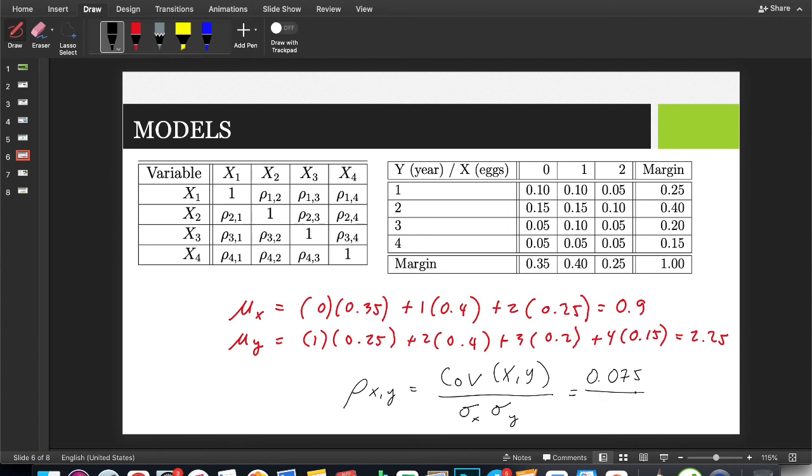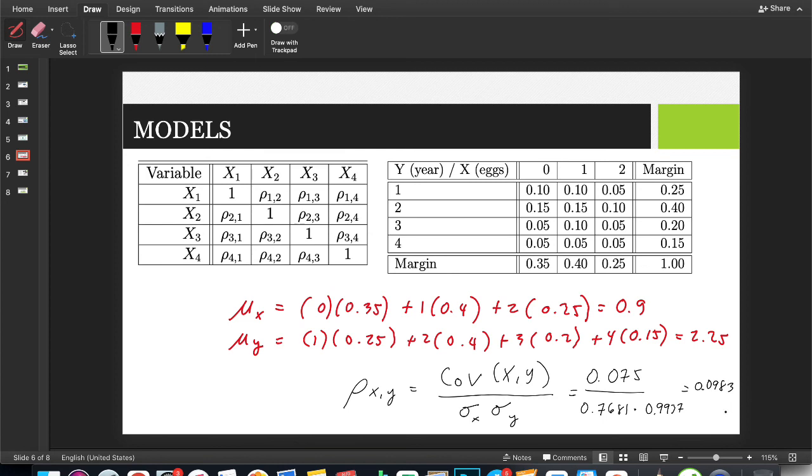Okay, and so if we go back to the equation for the correlation, we simply substitute the value of covariance, so that's 0.075, and then the standard deviation of x, which is 0.7681. You multiply this by 0.9937, you'll get a value of 0.0983. Okay, so that is the value of the correlation.